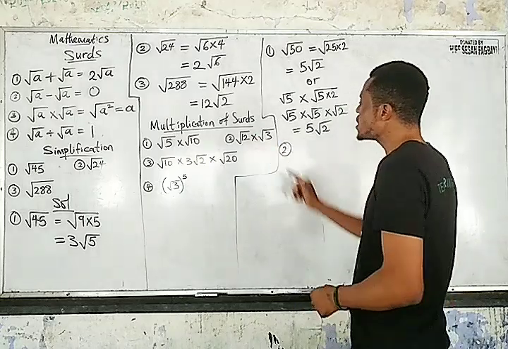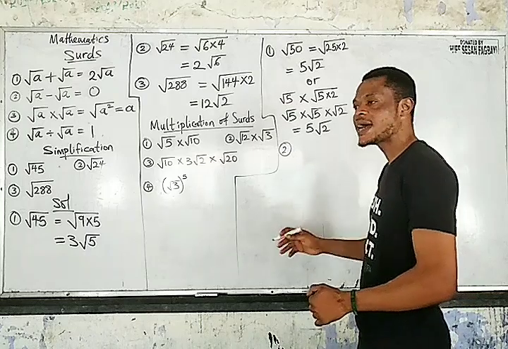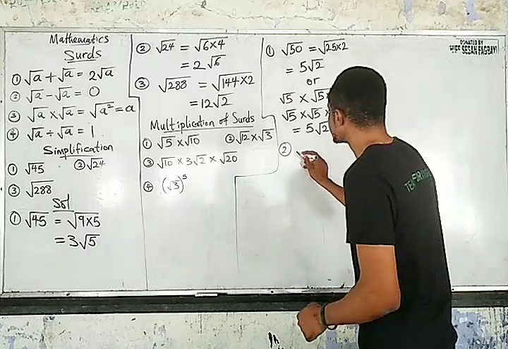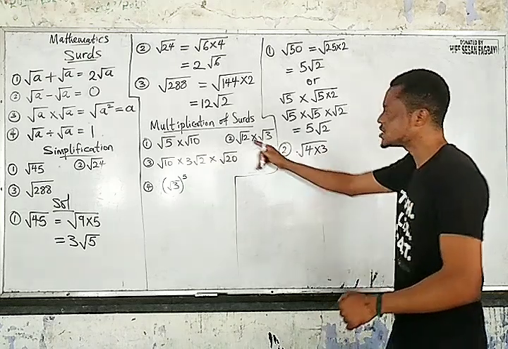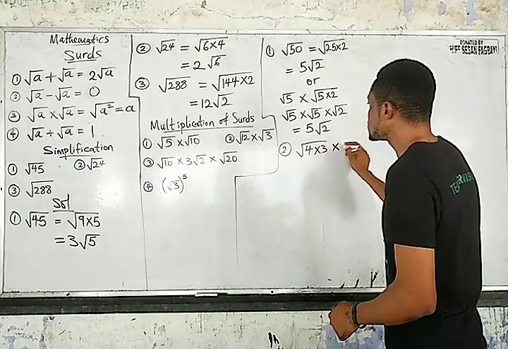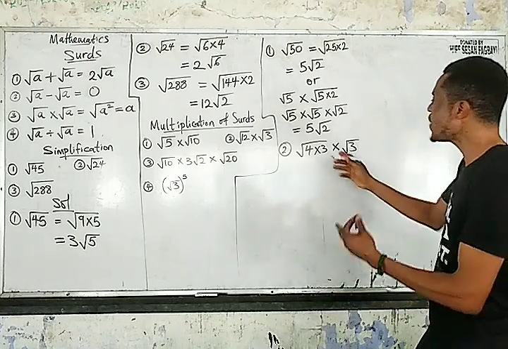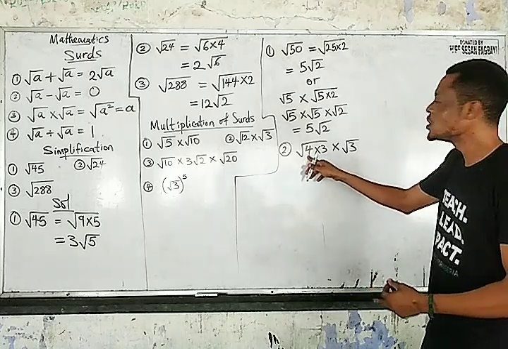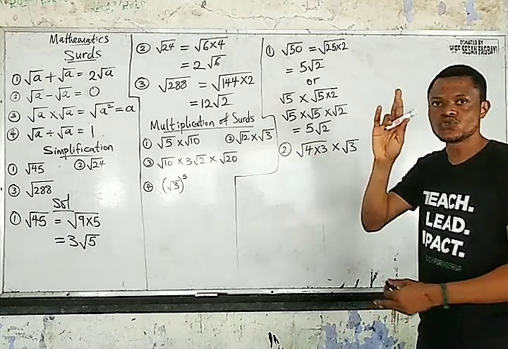So the simplification of 12, looking at the factors, I have 4 and 3. 4 multiplied by 3 will be 12. Then multiply by root 3. If I break this down, root 4 is going to become 2.